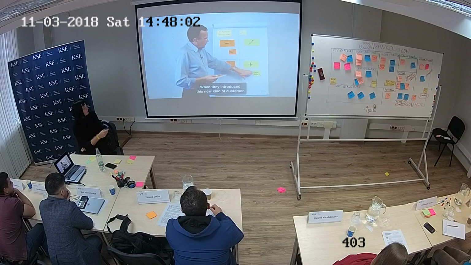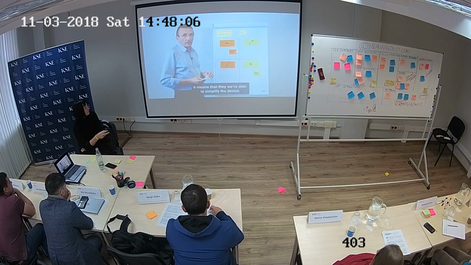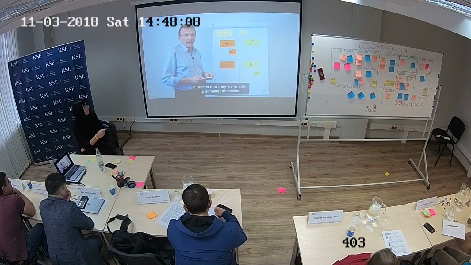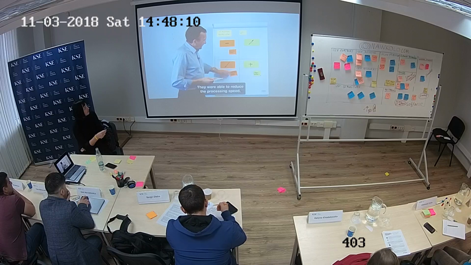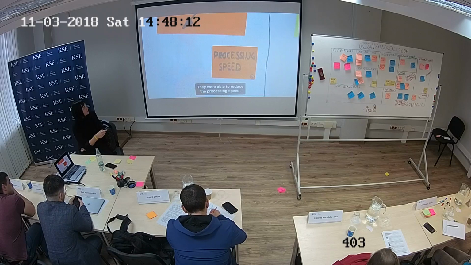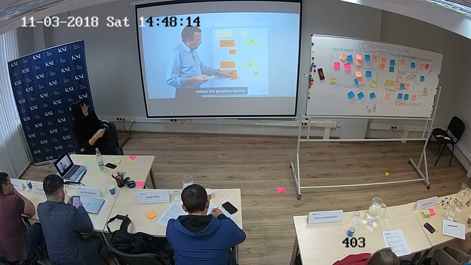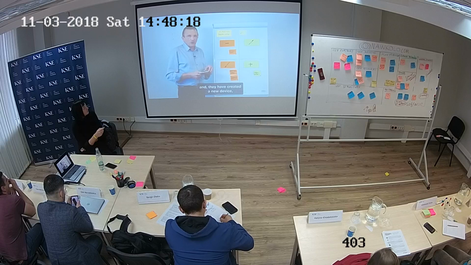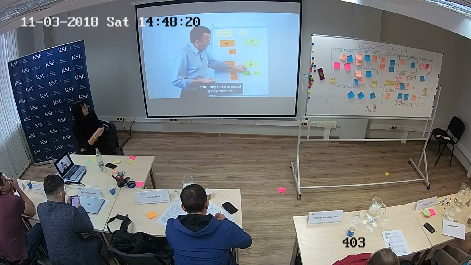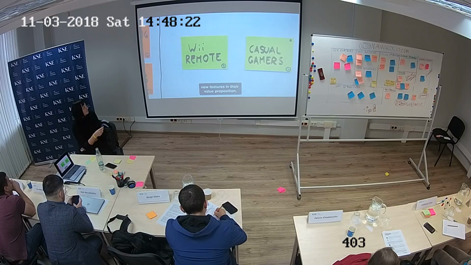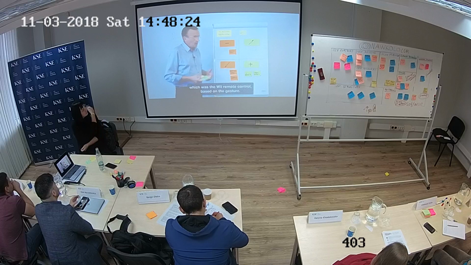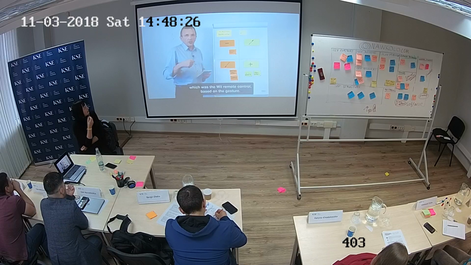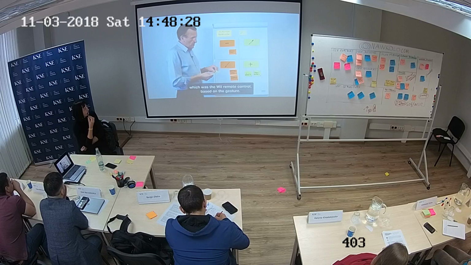When they introduced this new kind of customers, it means that they were able to simplify the device. They were able to reduce the processing speed, reduce the graphic facility, and they have created a new device, a new feature in their value proposition, if you want, which was the remote control based on the gesture.